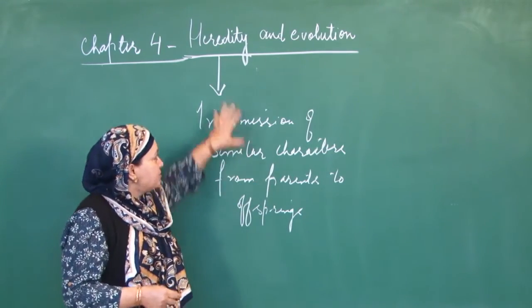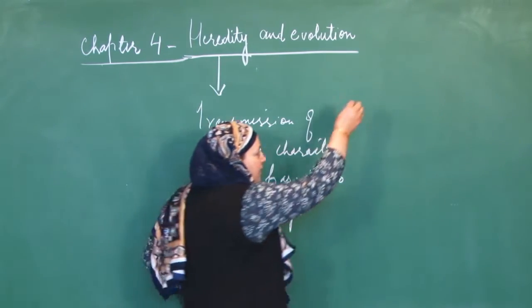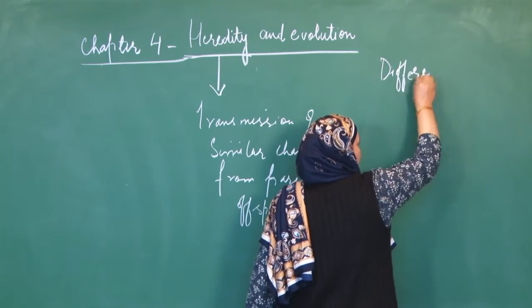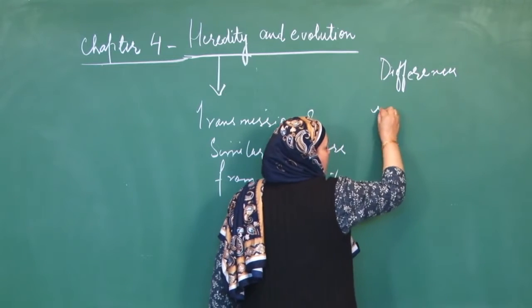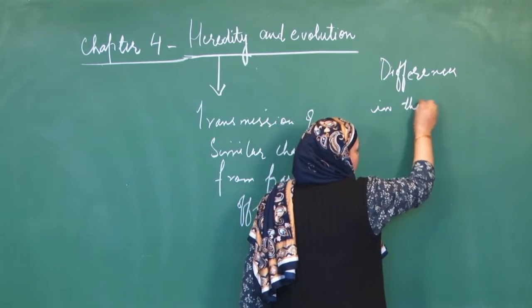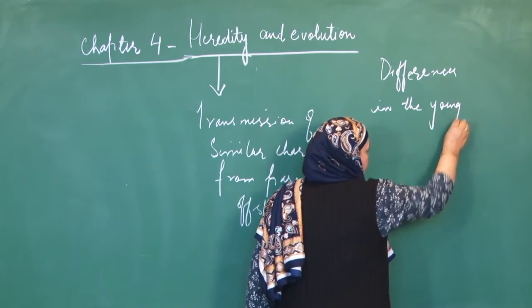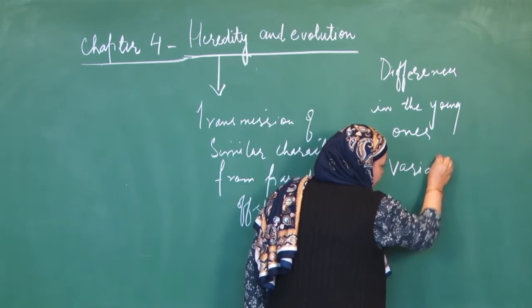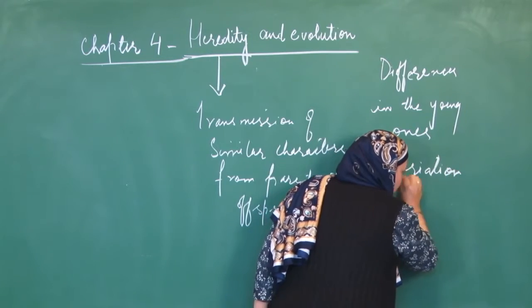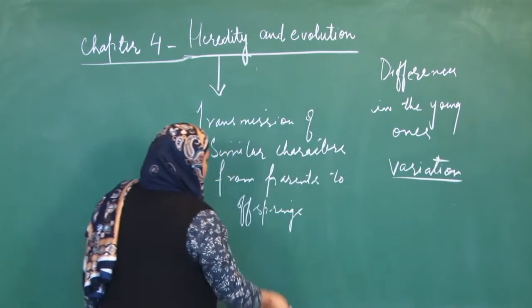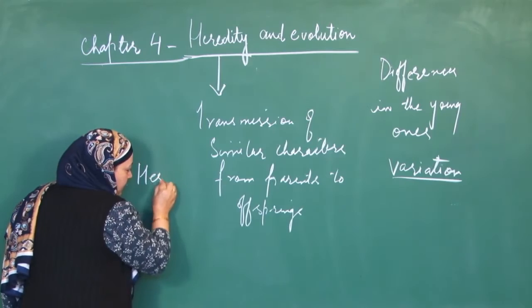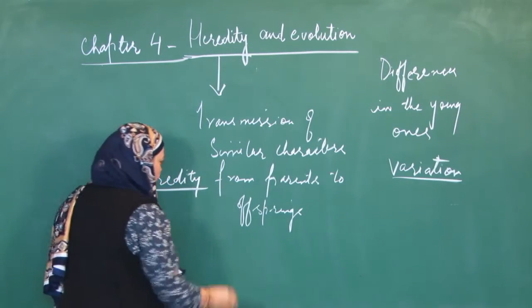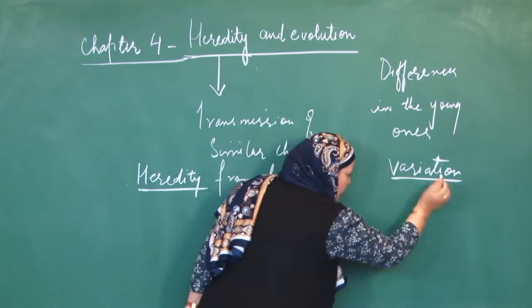So similarities mean heredity and differences in the young ones mean variation. So there are two terms, heredity and variation.